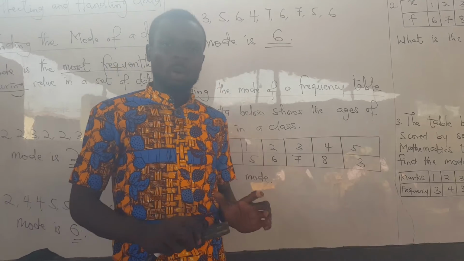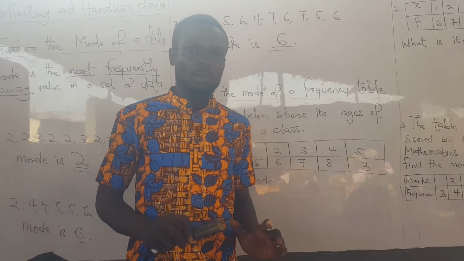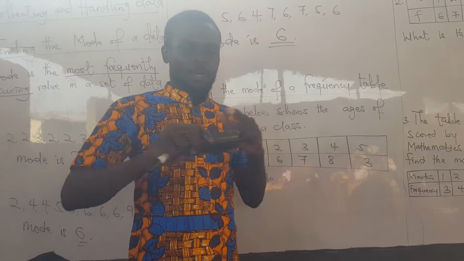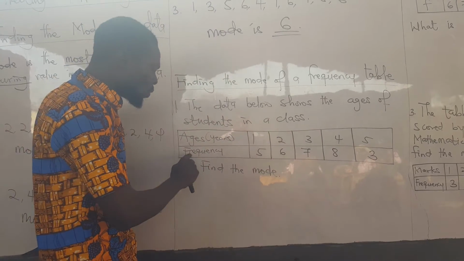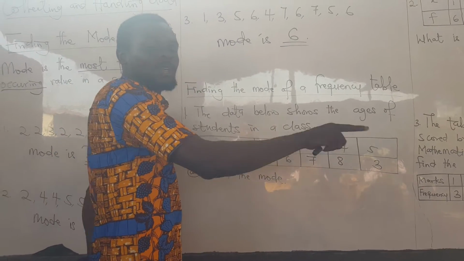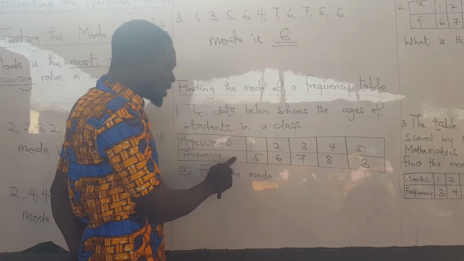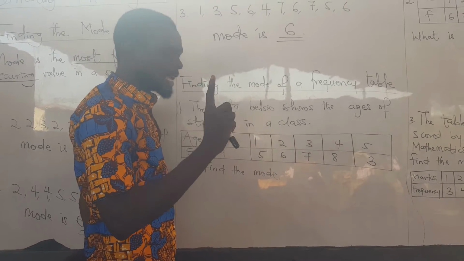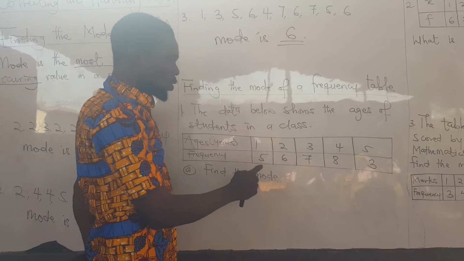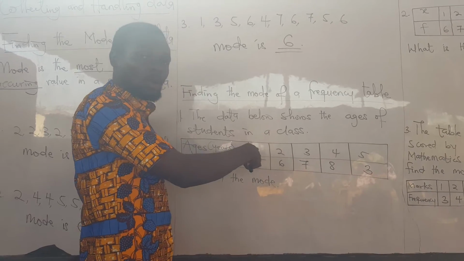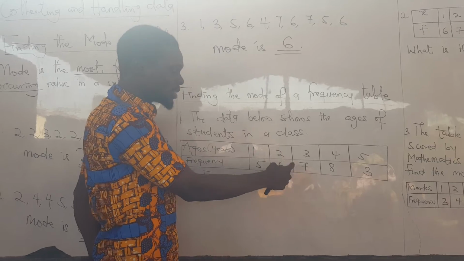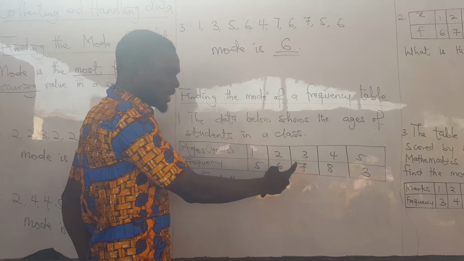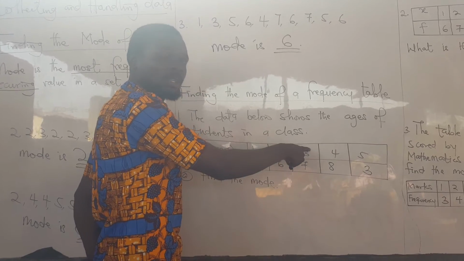To find the mode on a frequency table, locate the frequency. The frequency shows the number of individuals. The first one here has 5 as its frequency, which tells us that 5 people are 1 year old. 6 students are 2 years old, 7 students are 3 years old, and so on.